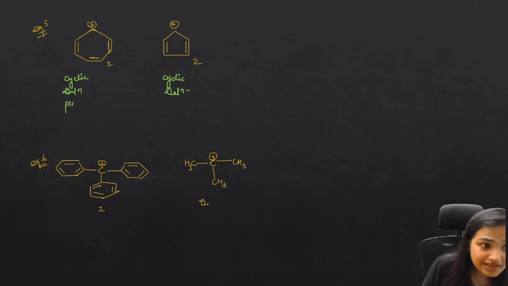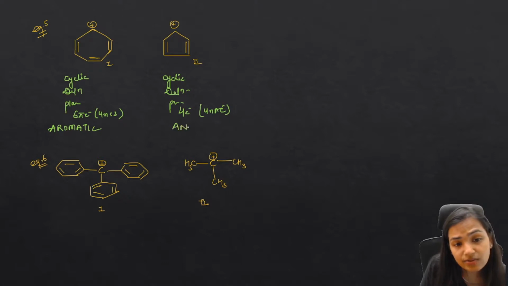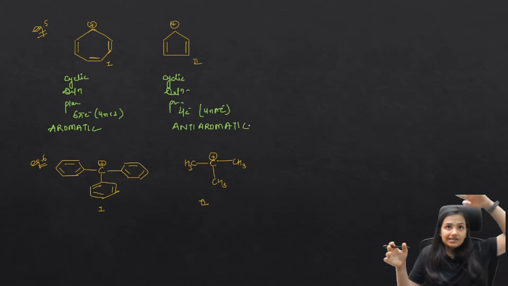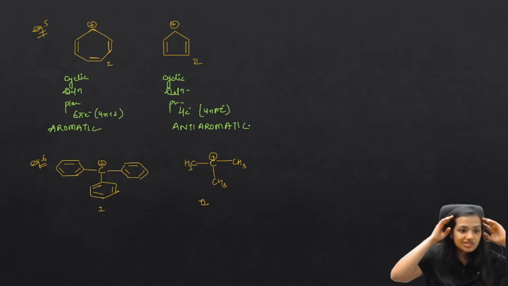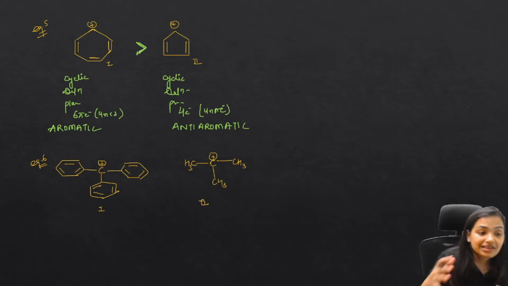There is planarity, there is also planarity, but here the number of pi electrons is 6, so the 4n plus 2 rule is obeyed. But here the number of pi electrons is only 4, so the 4n rule is obeyed. So what does this mean? This means this is an aromatic carbocation and this is an anti-aromatic carbocation. Out of these two, which is more stable? You know the answer: the aromatic one is more stable than the anti-aromatic. This is the answer.